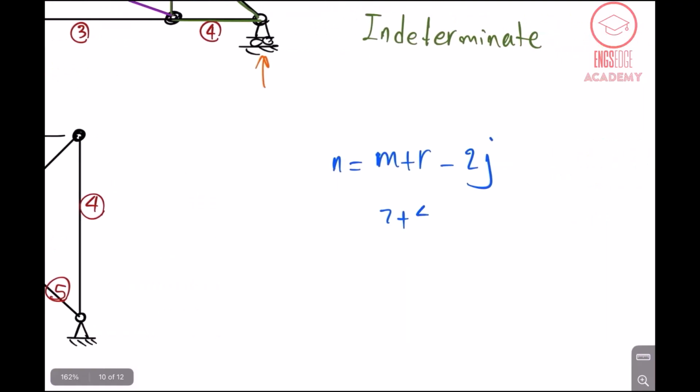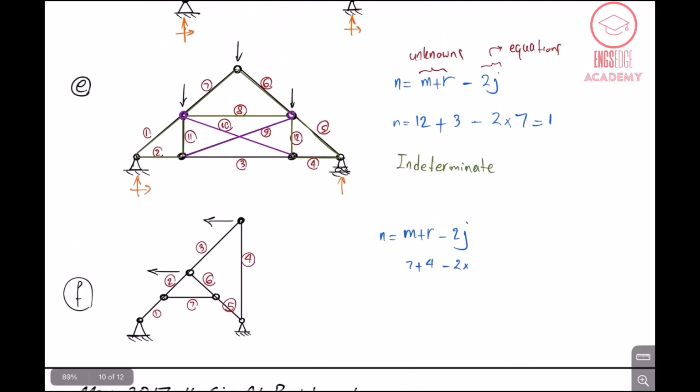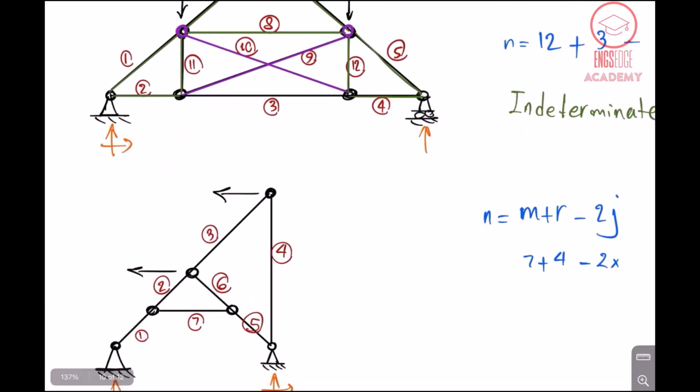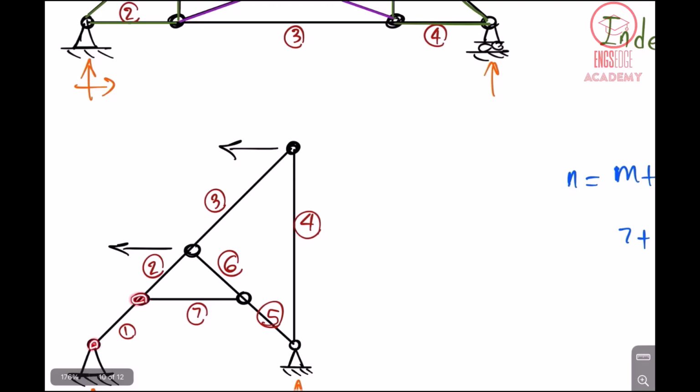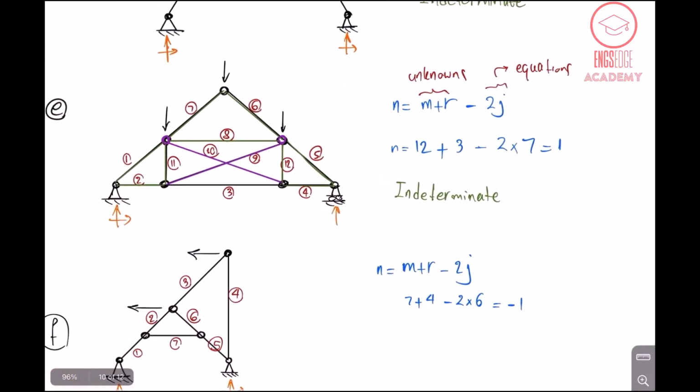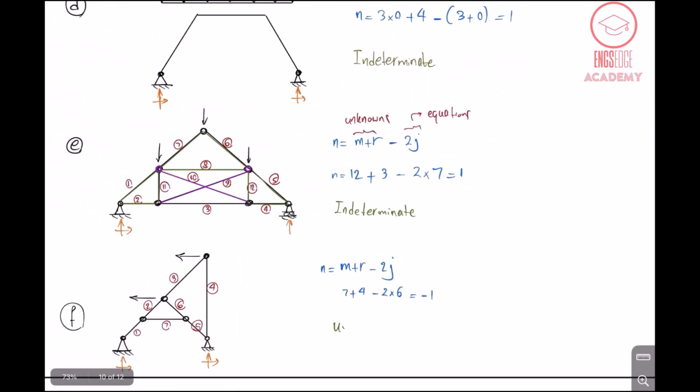Plus 4 reactions, minus 2 by 6 joints. That gives 7 plus 4 is equal to 11, and 2 times 6 is equal to 12, so n equals 11 minus 12 is equal to minus 1.